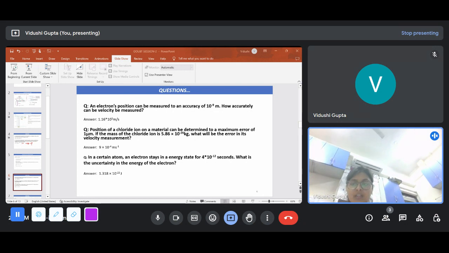So it will be 1 into 10 minus 6. The uncertainty in position and momentum.